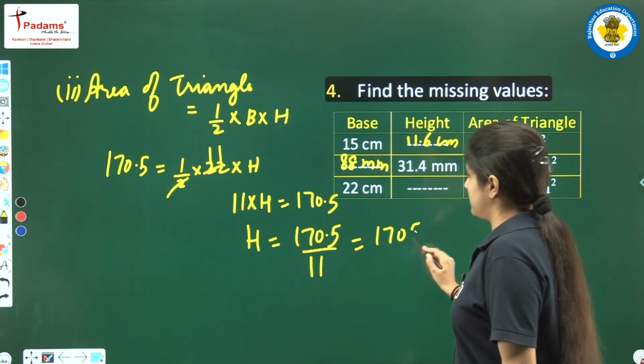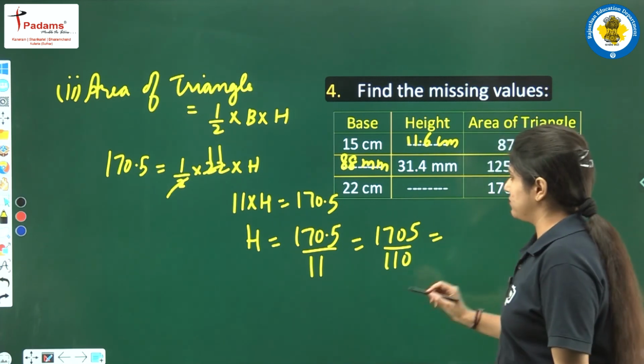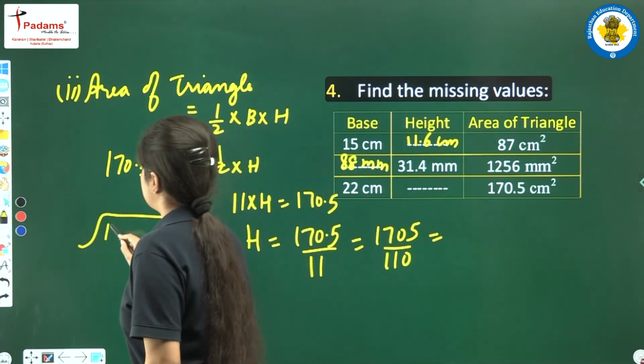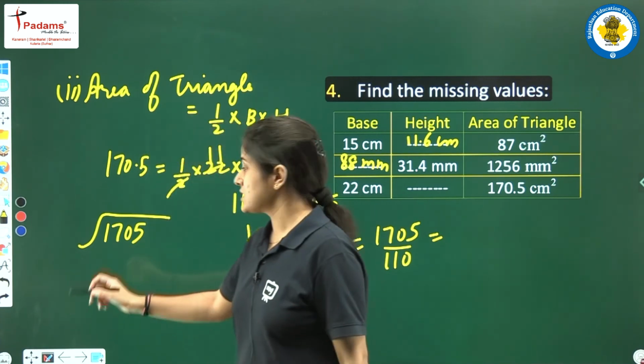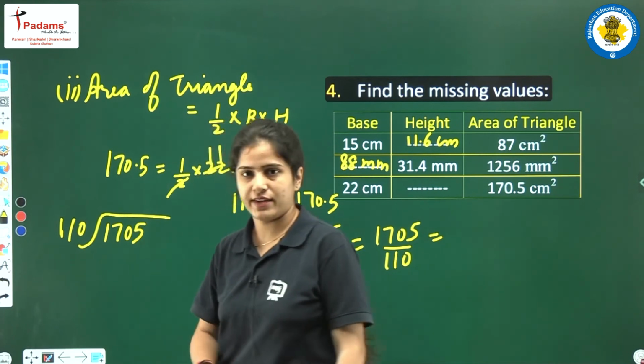So this is 110, right. अब देखिए 170. So students 1705 और यहाँ पे क्या आएगा 110, right students?